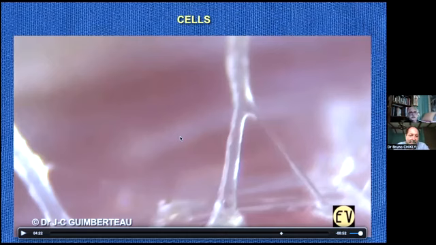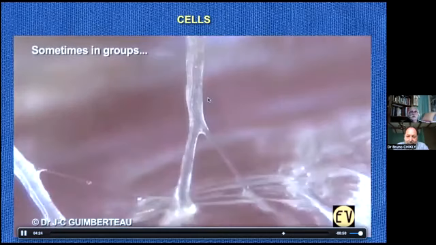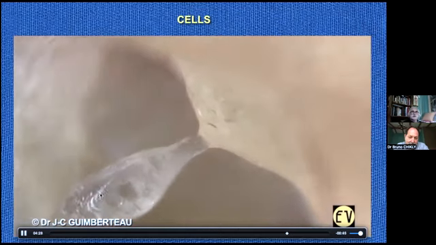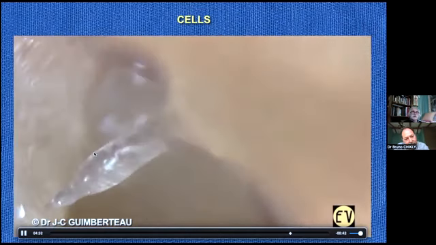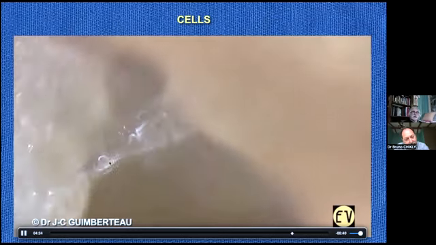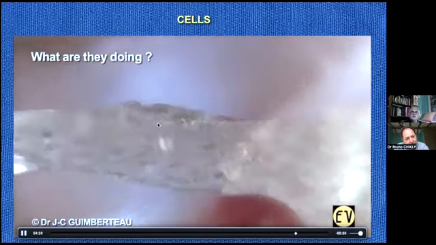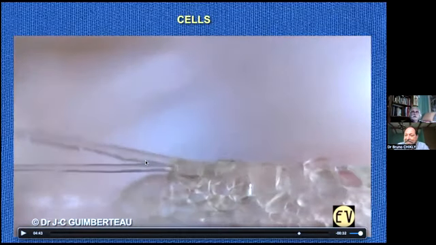Okay. And here, for example, have a look here. It's almost a fatty lobule. And look, it's changing shape all the time, but it's a fiber completely colonized by cells. You almost feel like some cells are inside.